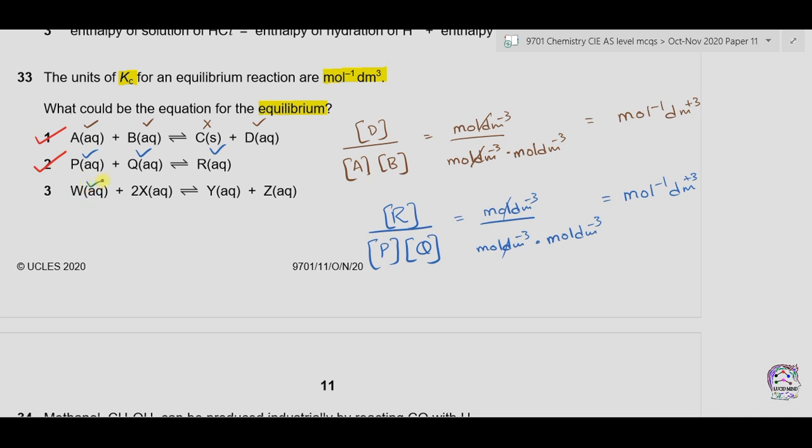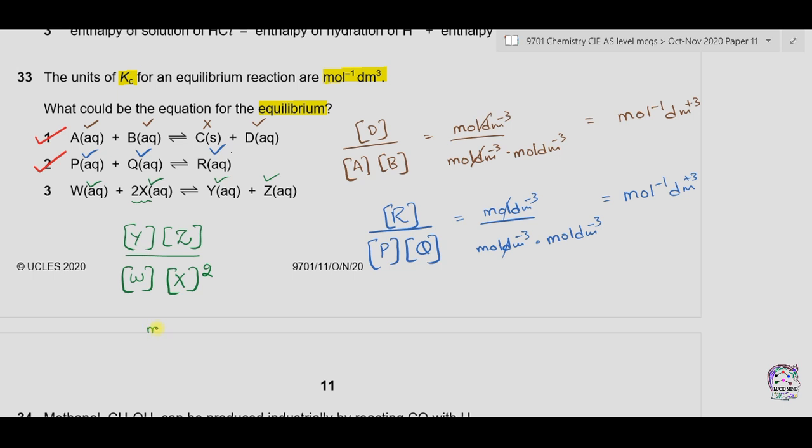Option 3, W is aqueous, Q has 2 number of moles, it is also aqueous, Y is aqueous, Z is aqueous. So we can write Y concentration into concentration of Z divided by concentration of W into concentration of X raised to the power its number of moles, which is 2.